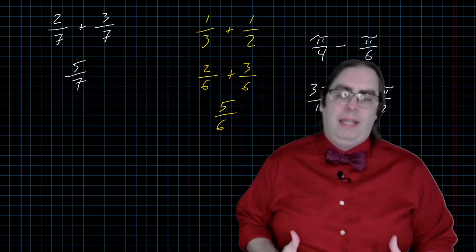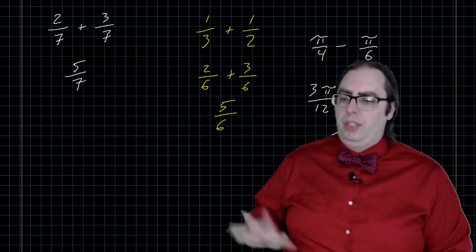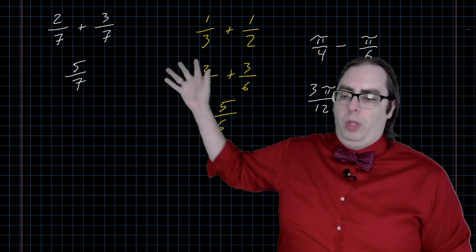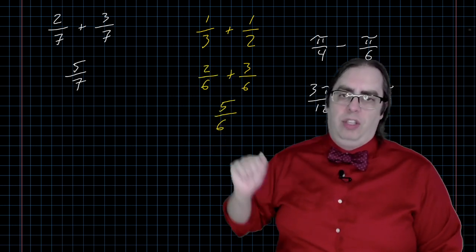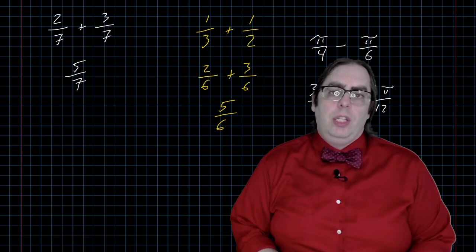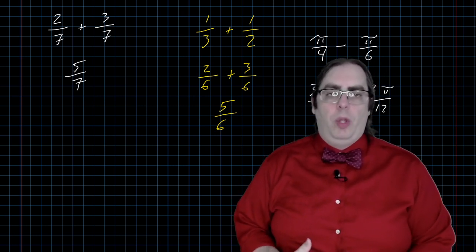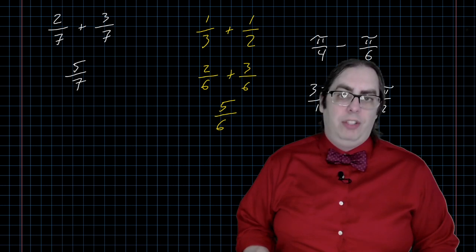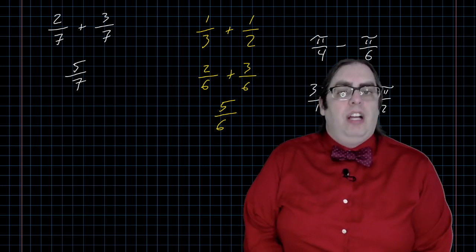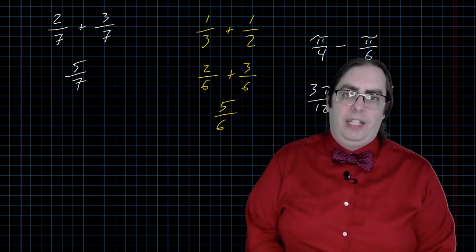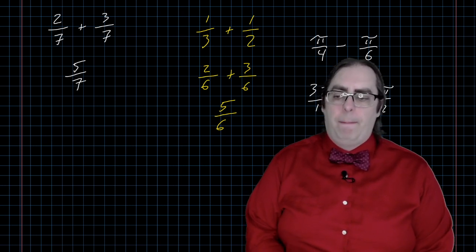I want to bring that example specifically to your attention because problems like this, 1/3 plus 1/2, exact value, give me 5/6. Calculators today can do that. If I type in the fraction 1/3 plus the fraction 1/2 into my calculator, it's going to tell me 5/6. It's not going to try to give me a decimal approximation.